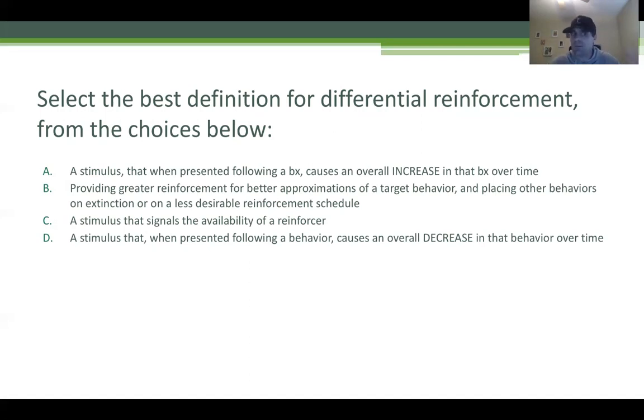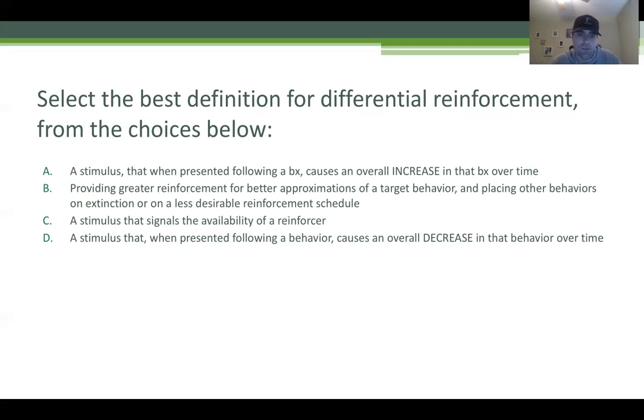That sounds exactly like what we're looking for. Let's go to C: a stimulus that signals the availability of a reinforcer. Are we differentiating here? Are we teaching discrimination? No. You should probably know that is an SD. An SD signals reinforcement is available. Not C.